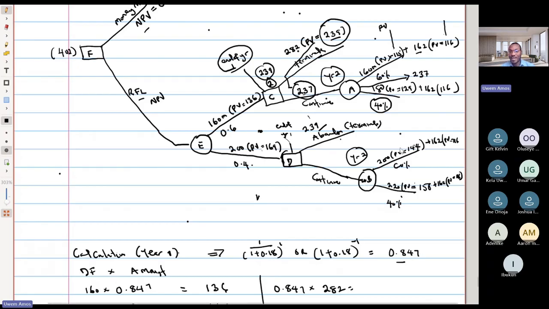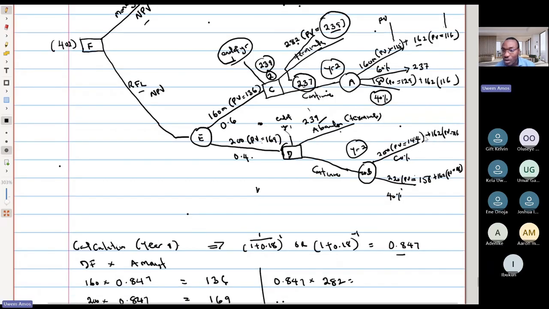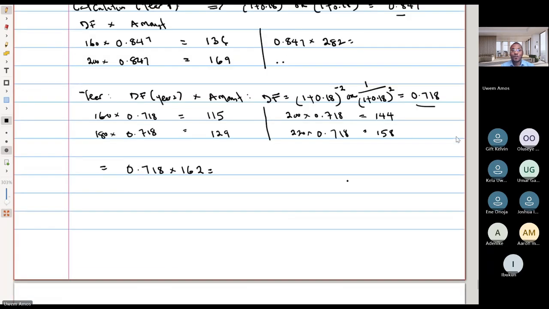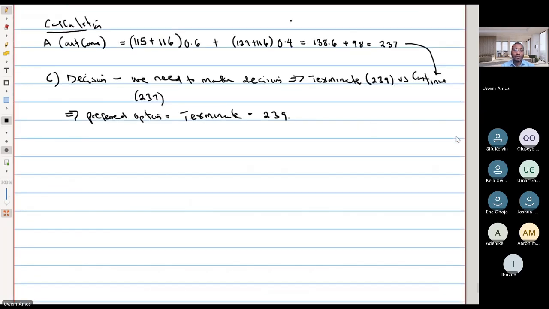What's the value for this line? 114 plus 162. Sorry, not 162. The PV is 116. 144 plus 116, which is the present value.